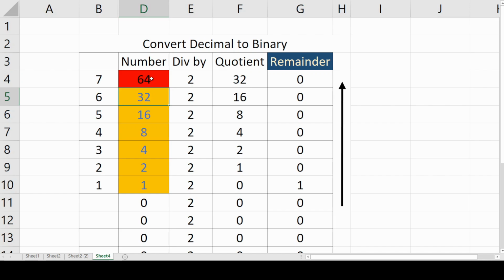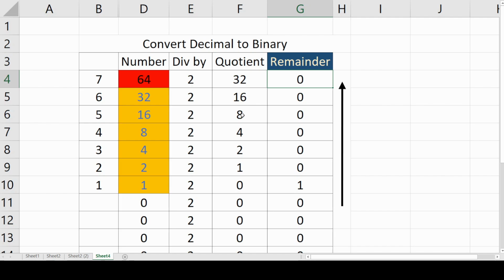What happens actually is we keep on dividing the number by 2. Whatever is the quotient we write here, and whatever is the remainder we write here. So when we divide 64 by 2, the quotient is 32, remainder is 0. We are basically concerned with remainders only. All right. So 32 divided by 2, remainder is 0.